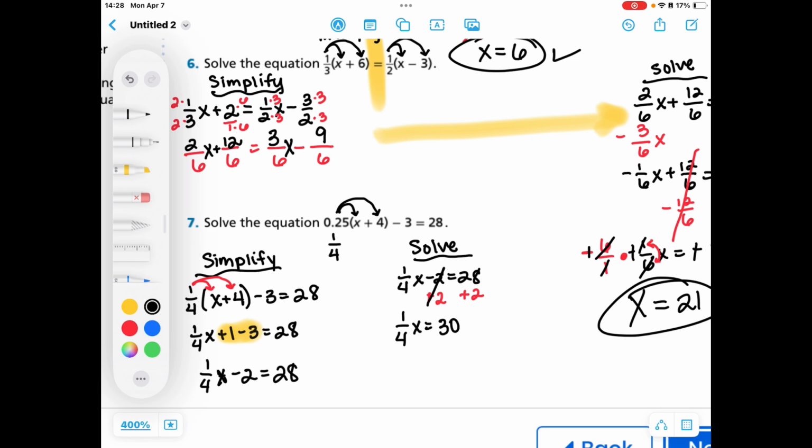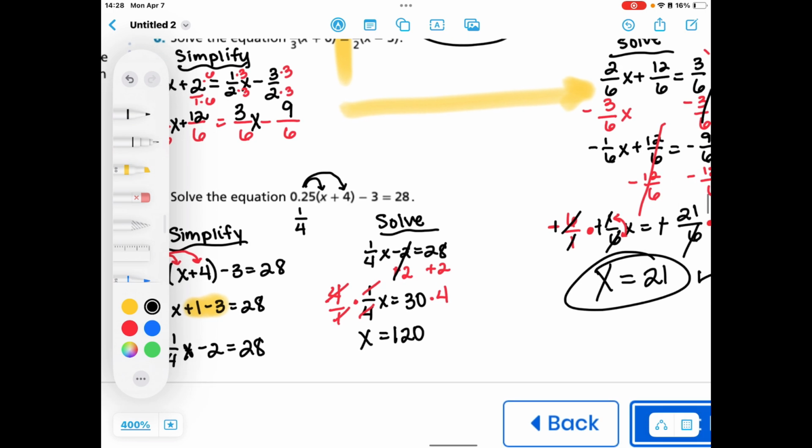Now the big thing here as well is that whenever we have this, we have to multiply by 4 on both sides. So after multiplying by 4, this will cancel because this would be 4 over 1, 2 4s on the bottom, a 1 on the top, 1 on the bottom. So therefore that leaves me with an x equals a 120.